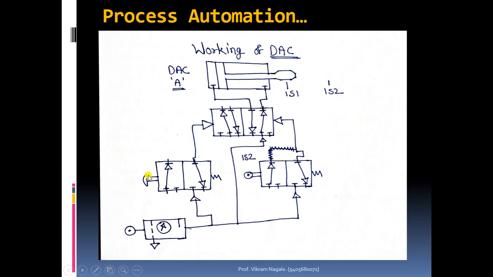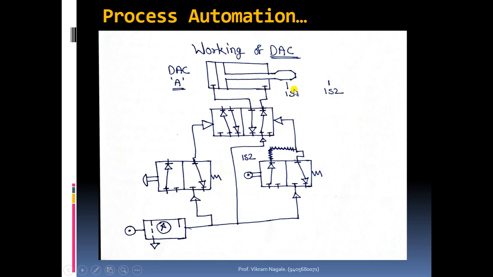So the connections will be on the left hand side, which means the air coming from the air service unit will get applied on the left hand side of this valve. As soon as we start the supply from the air service unit, this air will come inside the cylinder from the left side and we will get extension of the cylinder.